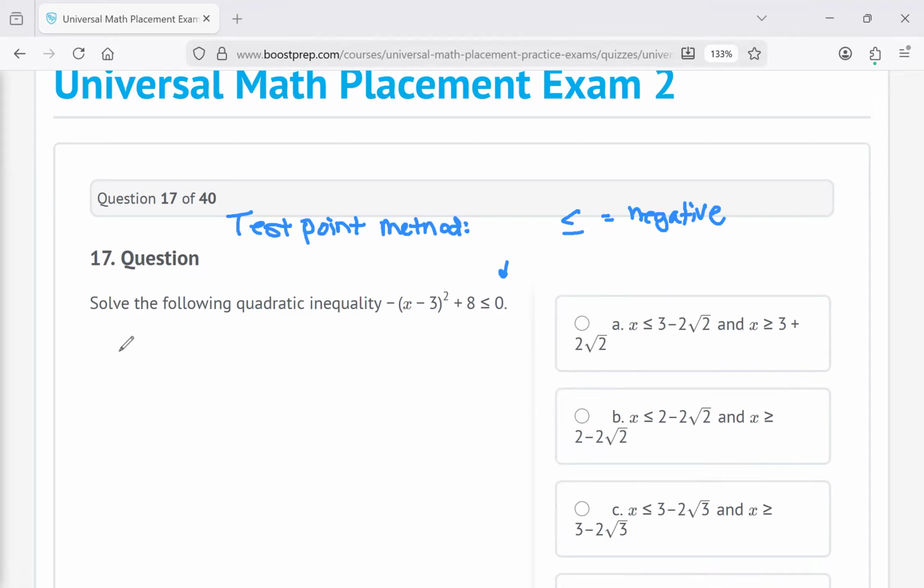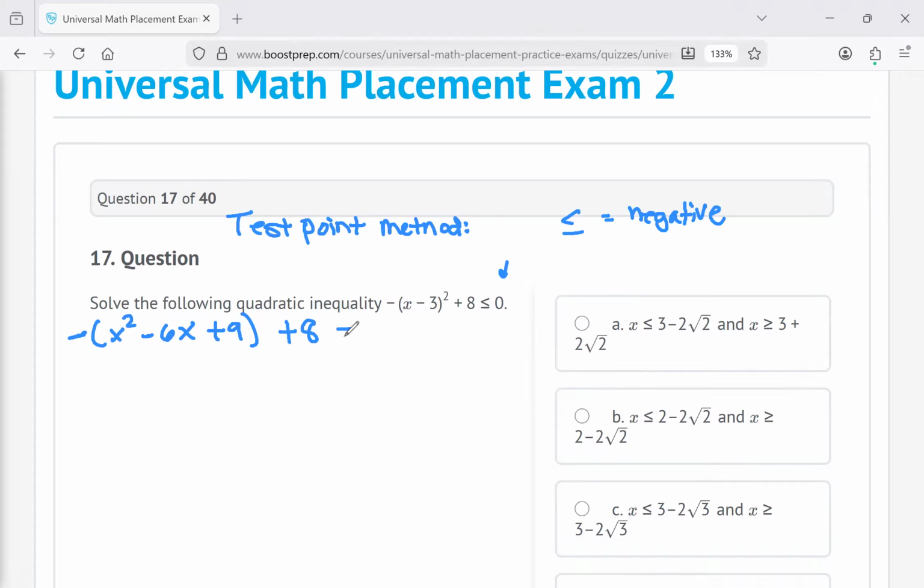So what can I do? Should I try to FOIL this out? What is x minus 3 squared? That's going to be x squared minus 2ab, so that's minus 6x plus 9 plus 8.